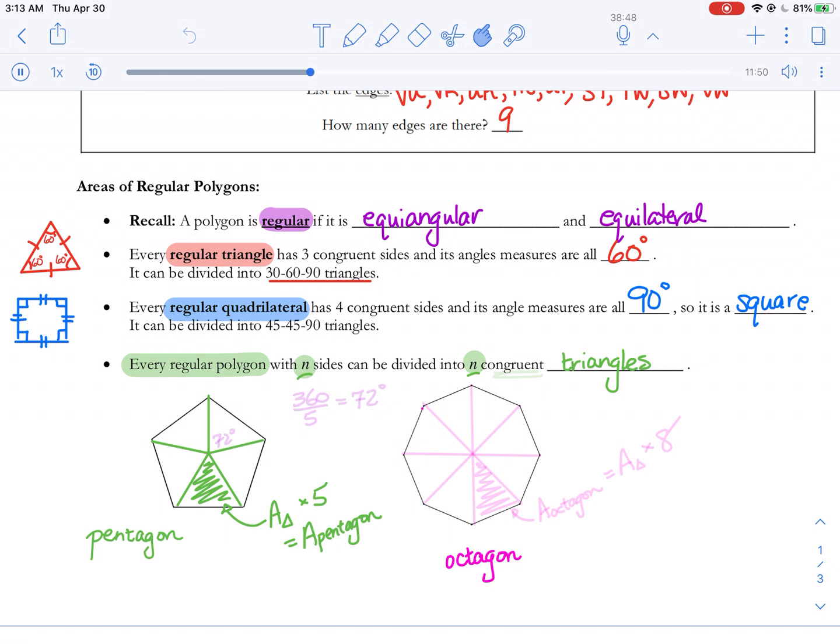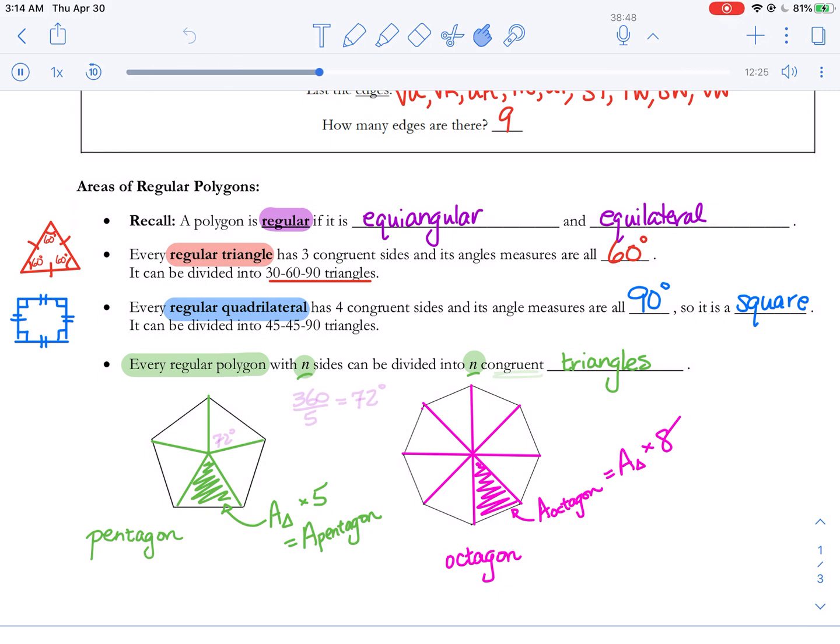So if you just connect opposite vertices, you don't have to eyeball it quite as much as the pentagon. You can find the center very easily. So again, if we found the area of one of those triangles, the octagon area would be one of those triangles multiplied by what? 8.